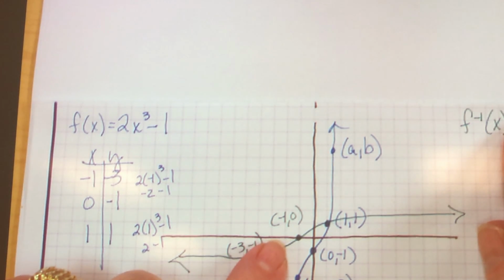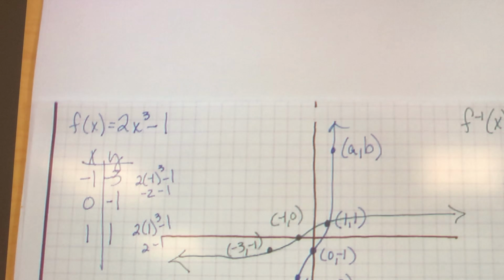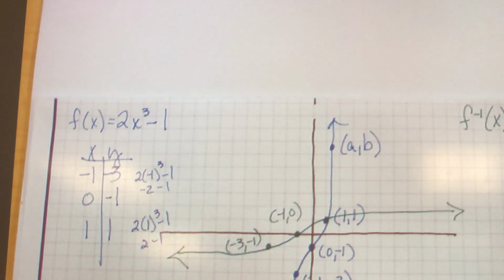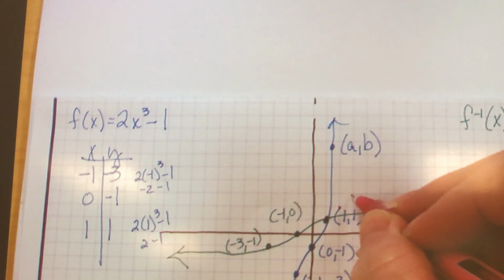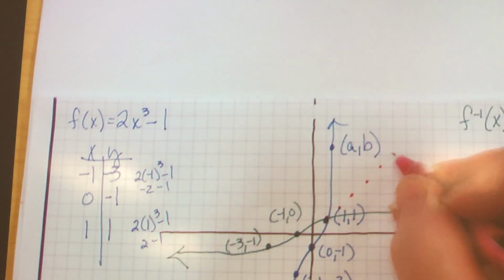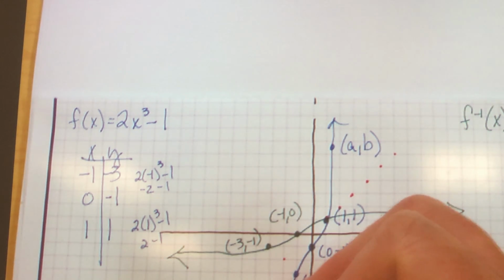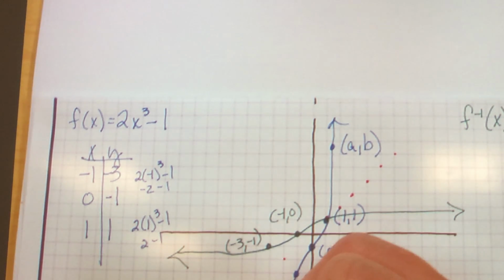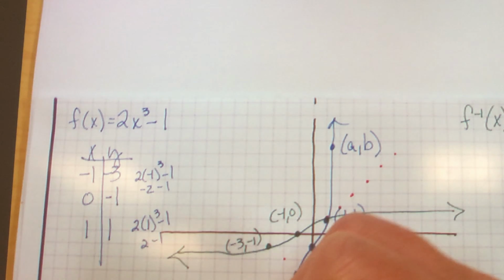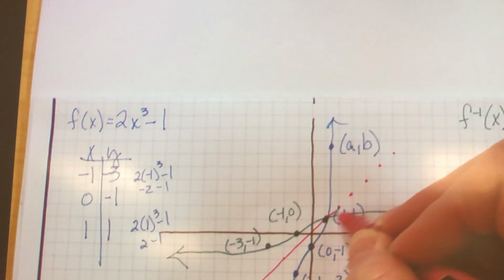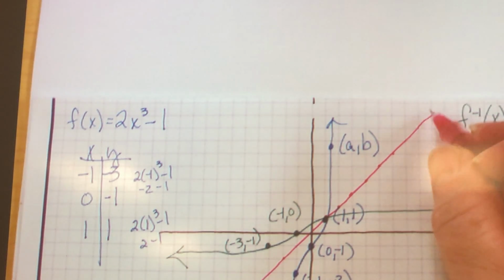With an even root, you don't have any negatives, right? But an odd root does, so it goes down like this. Now, I'm going to show you this, but remember, I'm not an artist. This is the line y equals x. What do you notice about those two graphs? It's a reflection.